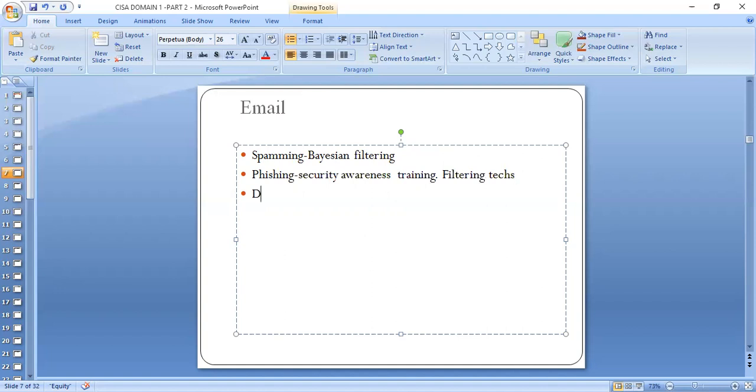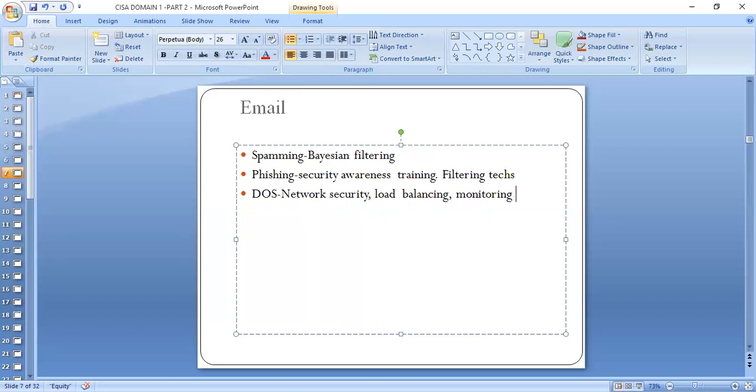Then, of course, you can have a denial of service. Your email server can be attacked. So you expect the auditor will be checking for things like network security, load balancing, monitoring tools.